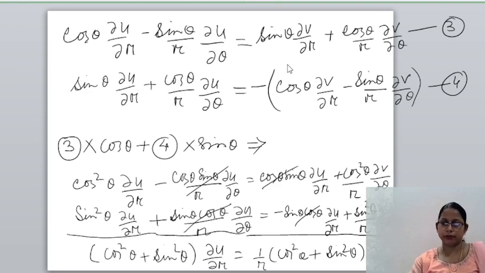Next again, multiply equation 3 by sine theta and equation 4 by cos theta and subtract.